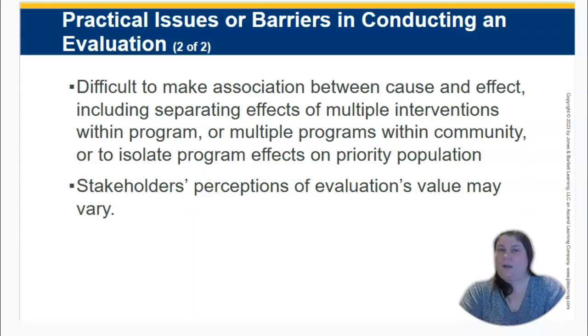There are other programs going on that they could be part of. There are health communication campaigns that they could be exposed to. They could have someone in their family who's doing something and teaching them from their experiences. So because there are all these confounding factors, it's really difficult to isolate the program effects on that priority population.